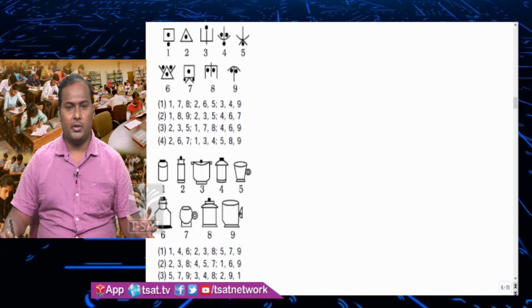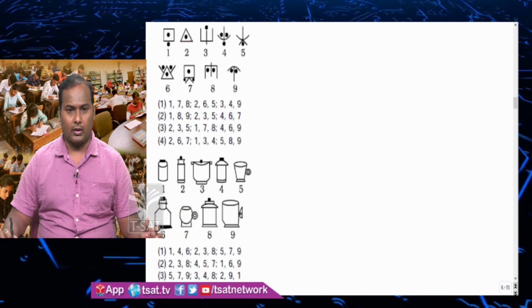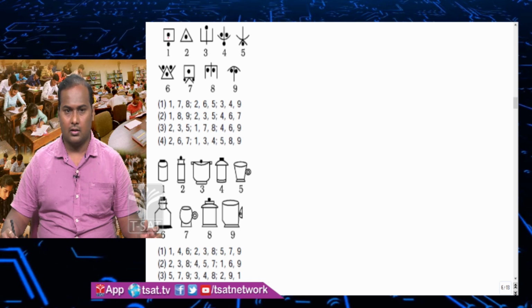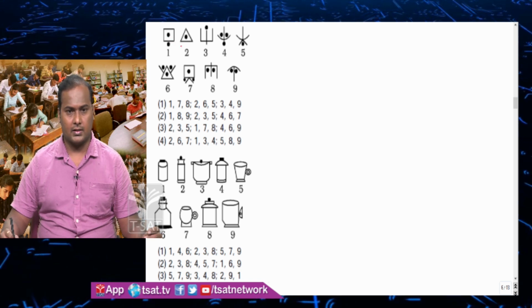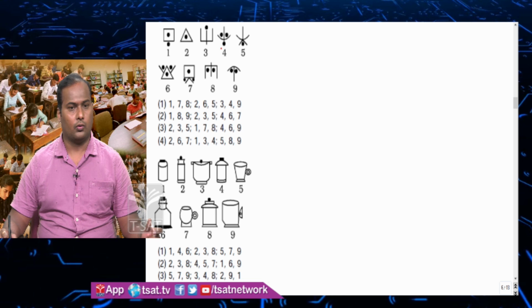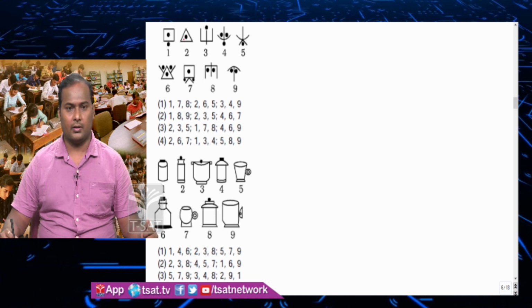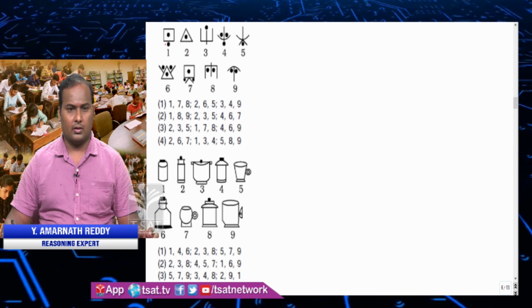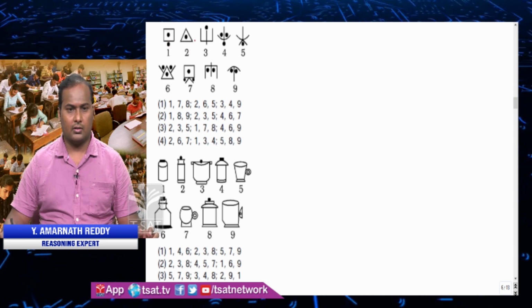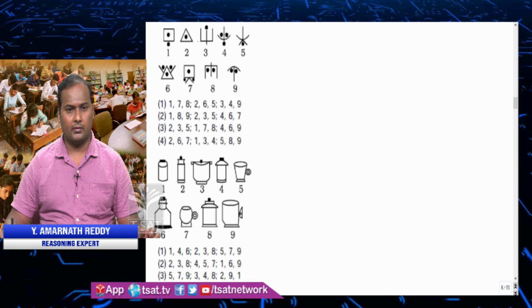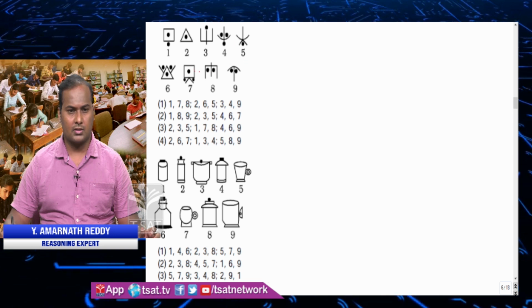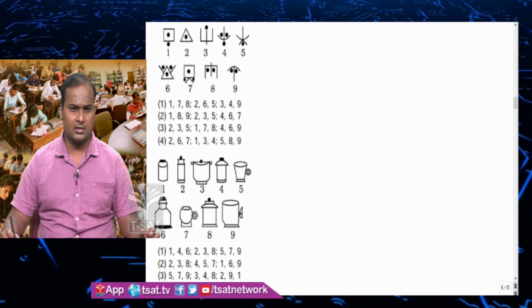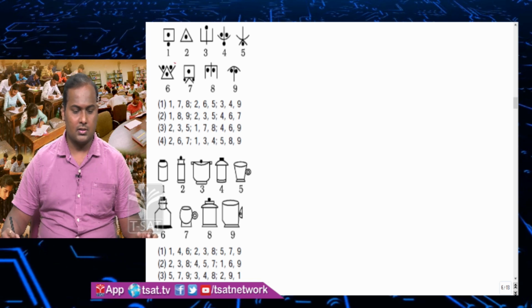The moment you see the question, it looks quite tricky because there are lines and dots or circles. So what you need to do is classify these figures based on lines and dots. In one figure 2 dots are there, in other figures only 1 dot, again 2 dots, 1 dot, 2 dots and 1 dot, and in some other figures there are even 3 dots as well.